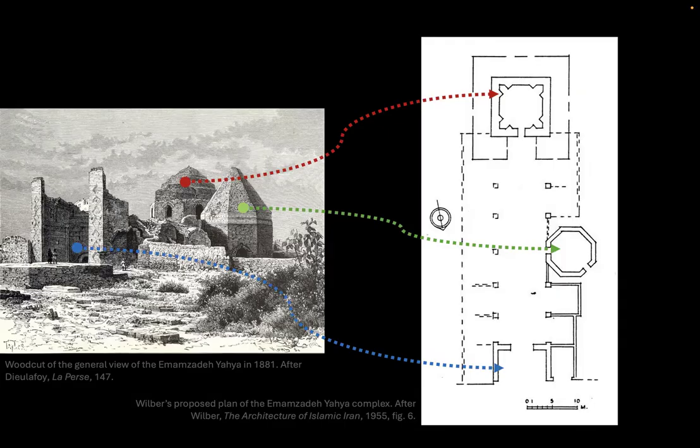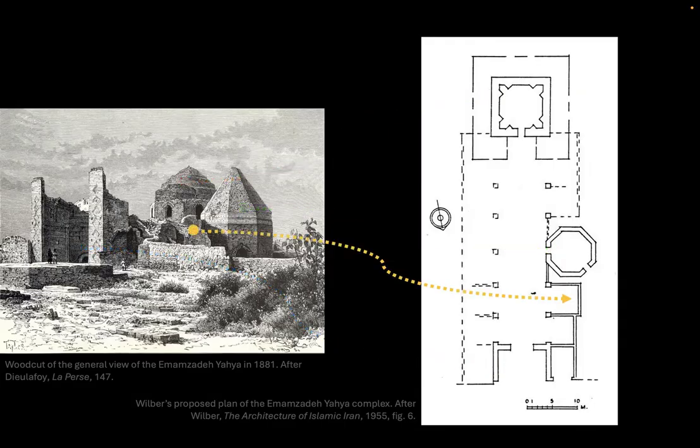The entrance was lined along the central axis of the dome chamber, and a series of rooms connected these buildings. Wilber identified these intermediary rooms as the mosque mentioned in Dieulafoy's account, whereas, as we have seen, the term in her text most likely refers to the dome chamber or even the entire site.